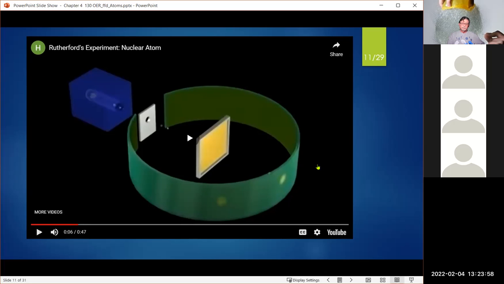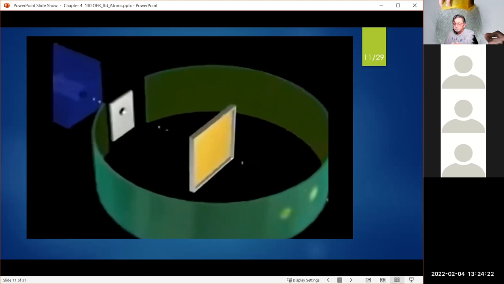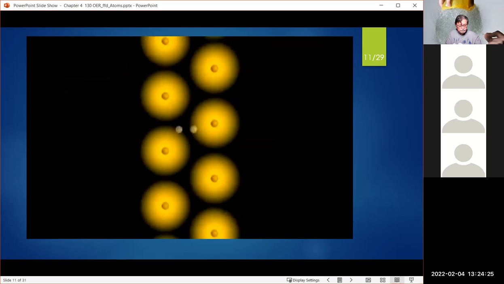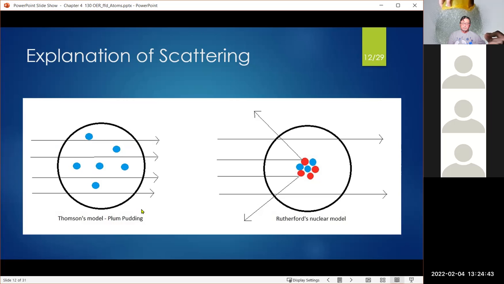So let's continue here. Okay. And so Thompson's model to the left was basically the plum pudding model.